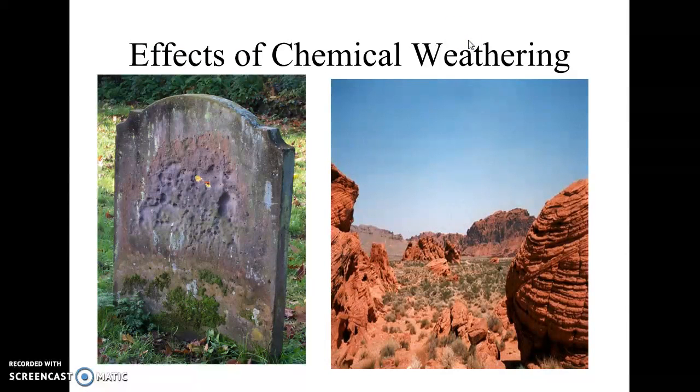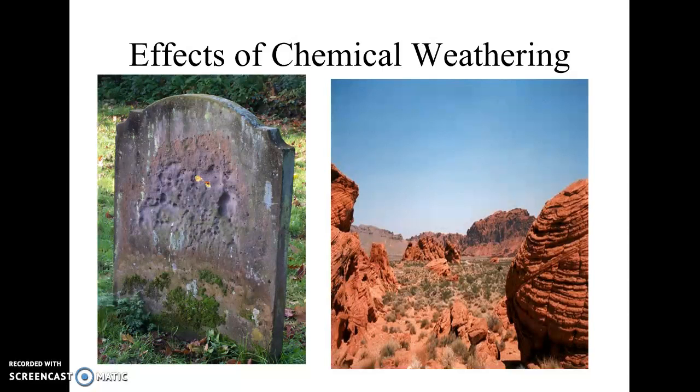So here are some pictures of the effects of chemical weathering. This right here would be caused by what? Would this be oxidation? No, this is caused by acid precipitation. This tombstone here on the left is showing that acid rain has come in contact with this limestone. This is limestone.